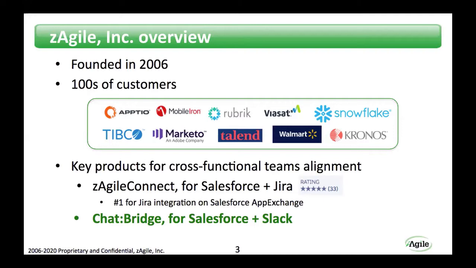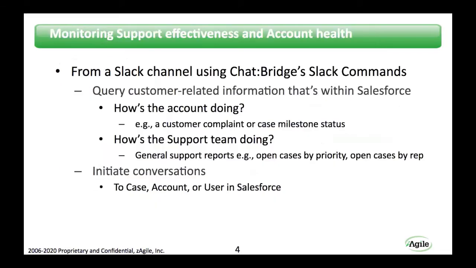Not simply exchanging some data, but rather having intermingling of processes between one application and another for the purpose of serving cross-functional team requirements. Of course, our flagship product, Zagil Connect, is number one rated on the Salesforce AppExchange for integrating Jira and Salesforce. And today's focus will be ChatBridge, integrating Salesforce and Slack as part of this five-webinar series.